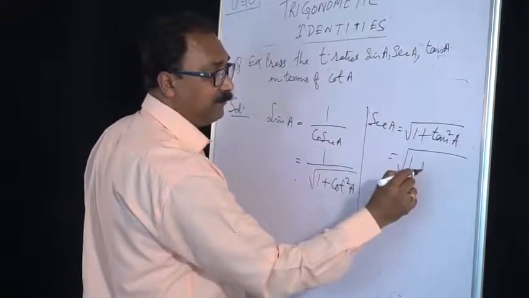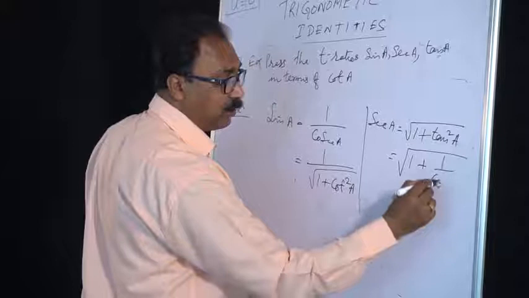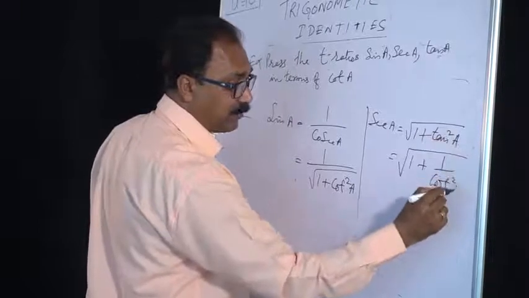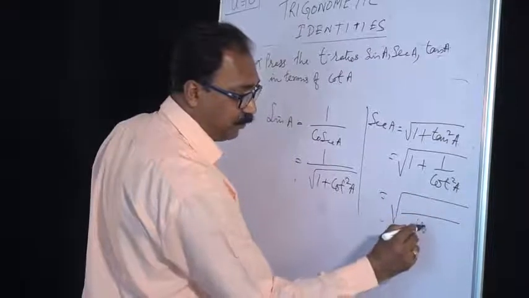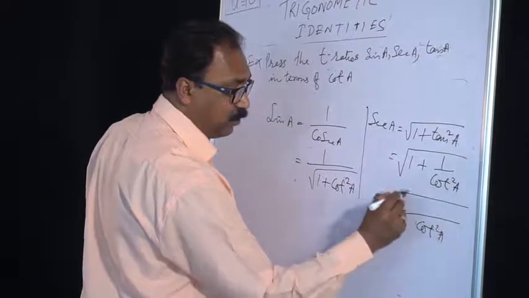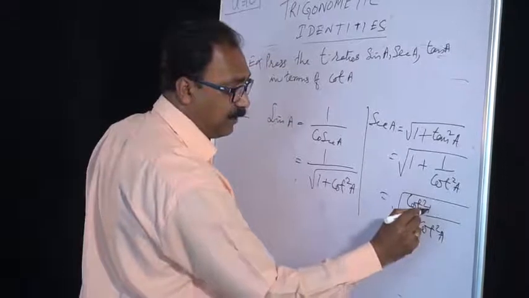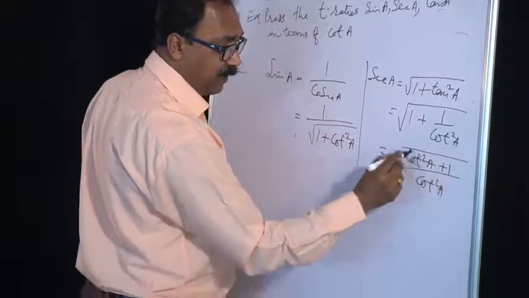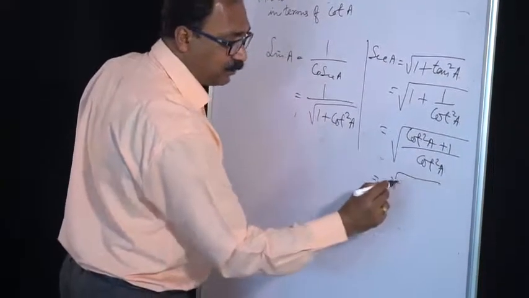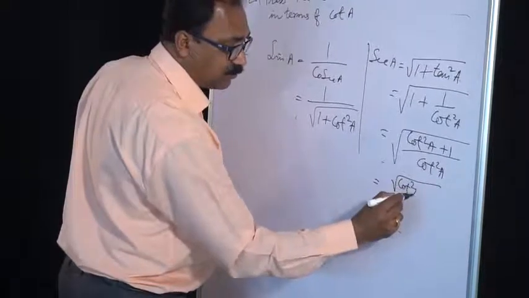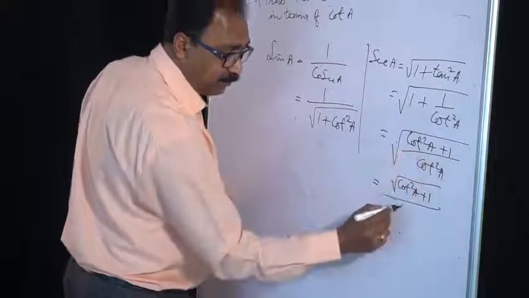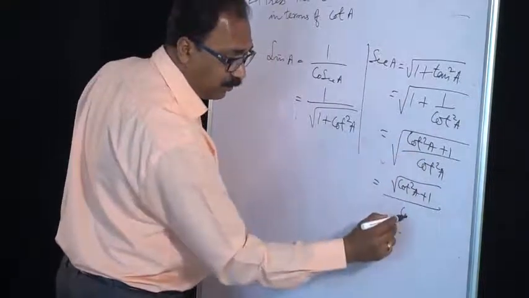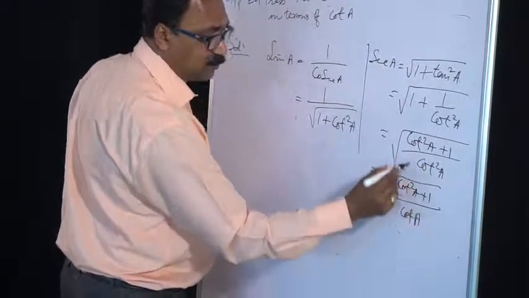What is the formula? 1 by cot A, and because of the square, it's squared. Now we can take the LCM, cot square A. So it's cot square A plus 1. Because of the plus, the square root cannot be broken. So we can write here as it is, cot square A plus 1, or 1 plus cot square. But the square root with the square, we can write only cot A, because square root of 2 is 1.